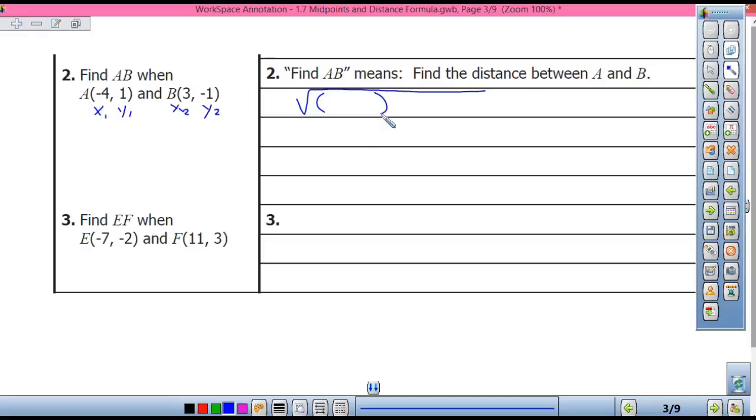Let's go to my first set of parentheses. x2, 3 minus x1, -4, which turns into a plus squared, plus what goes in my second set of parentheses?